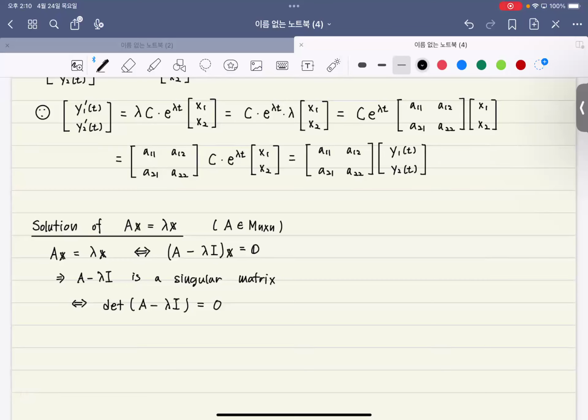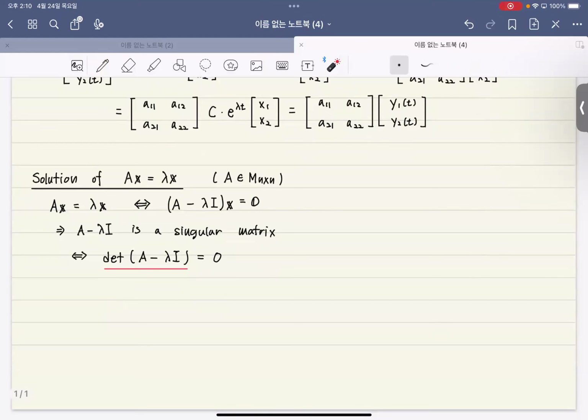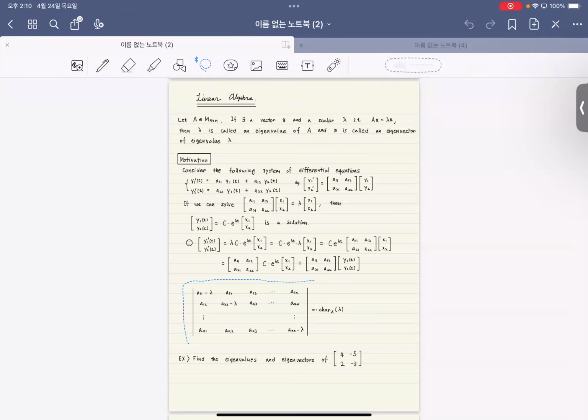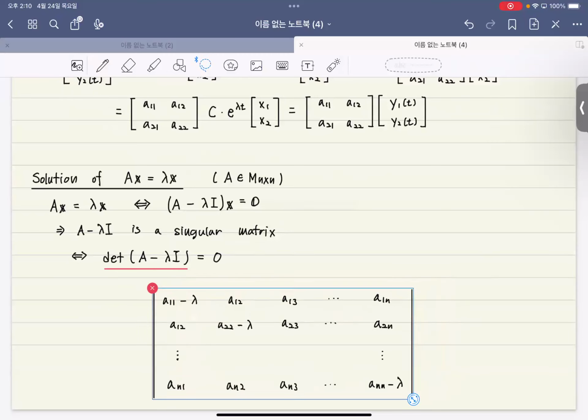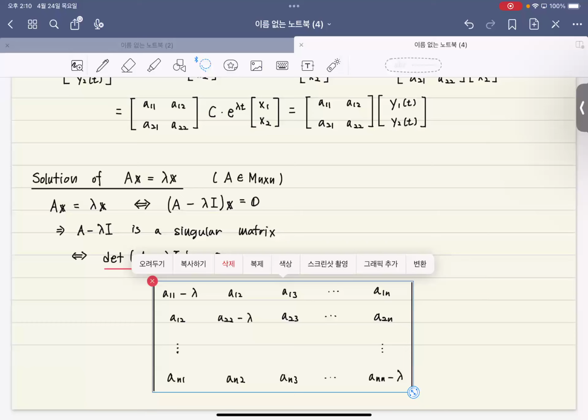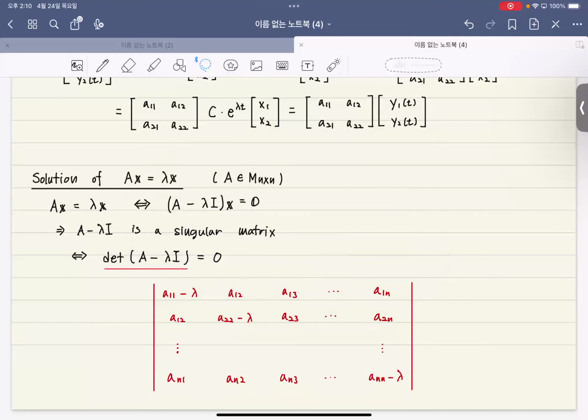Now we want to compute the determinant of this matrix.